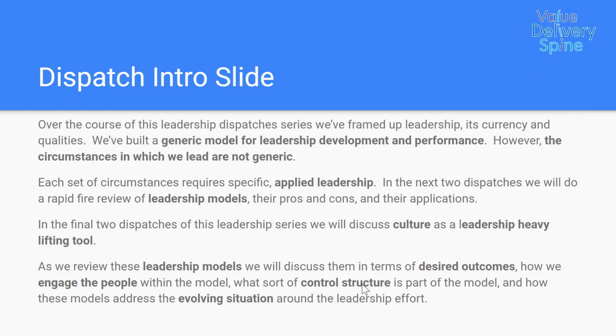These leadership models are operating towards desired outcomes. They engage the people, and what kinds of people we're engaging and how we're engaging them is germane to these models. Additionally, we'll talk about control structures and evolving situations and how those leadership models operate in those efforts.